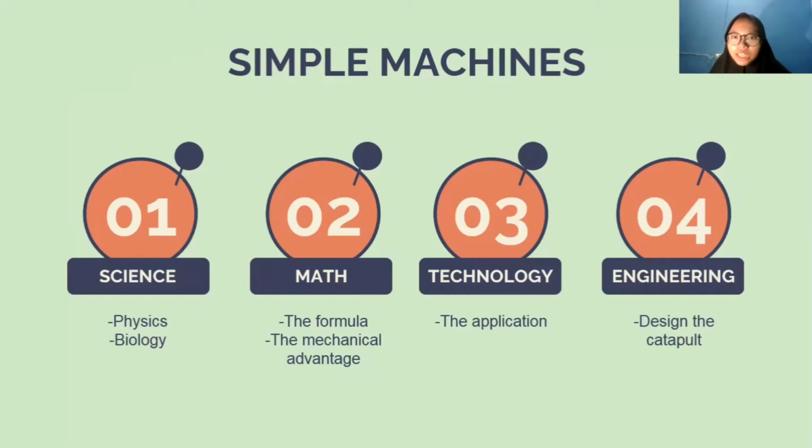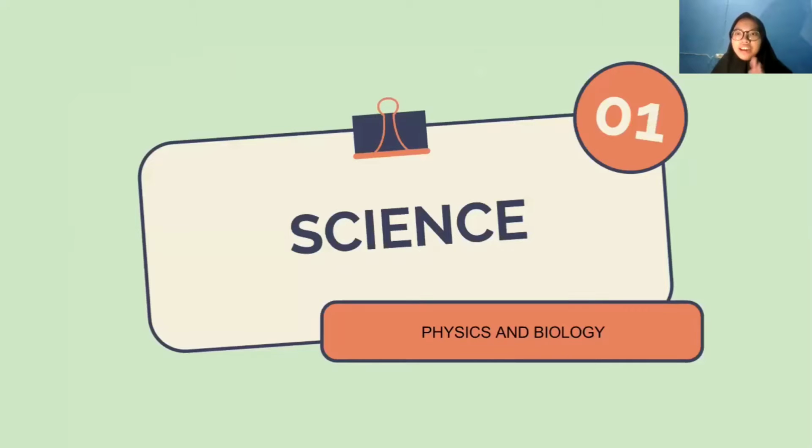For technology it is about the applications of simple machines themselves, and for engineering it's about how to design the catapult. So let's jump to the first view, which is science, the view from physics and biology.